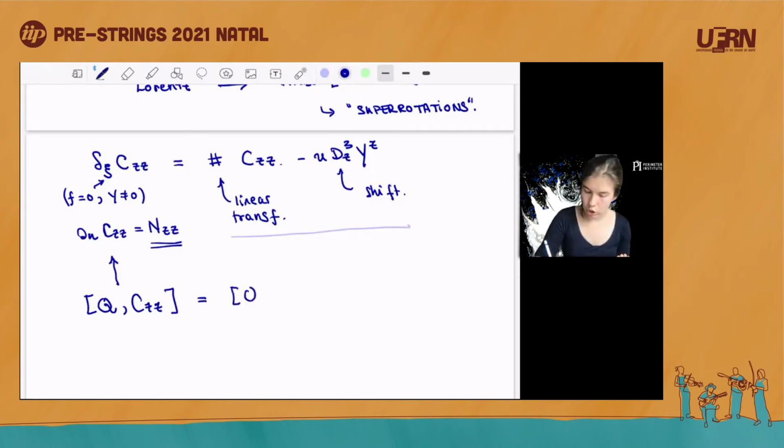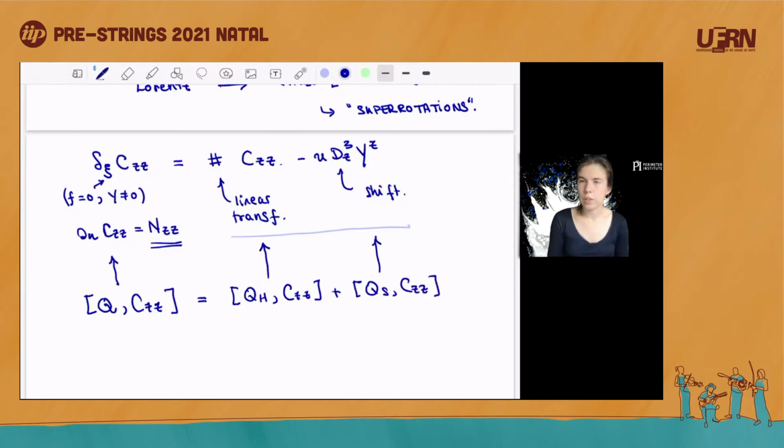One of them we call the hard charge, which would reproduce its action on CZZ, this first term in the transformation. And then there's going to be another term which we call the soft charge, which is supposed to reproduce this shift, this yz-dependent shift in CZZ.